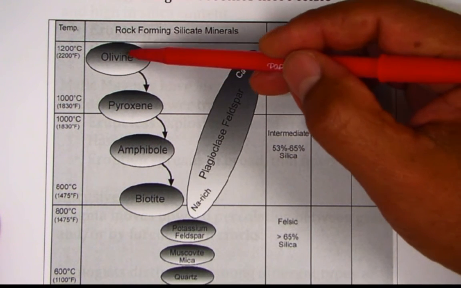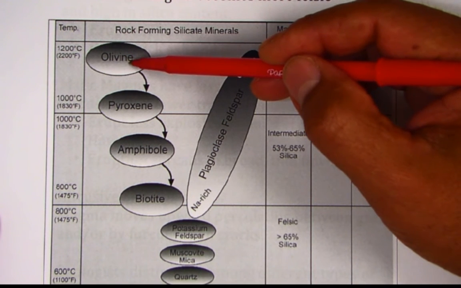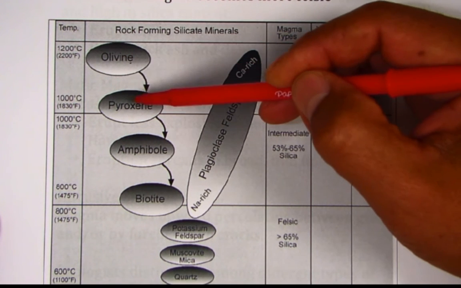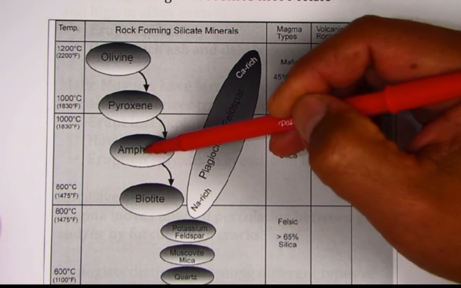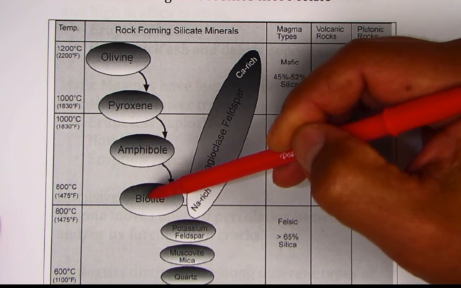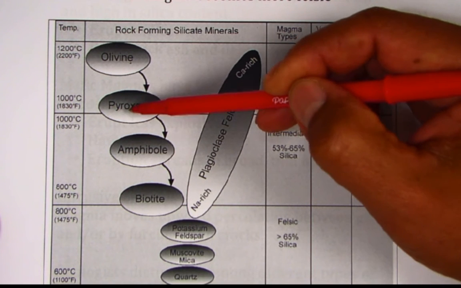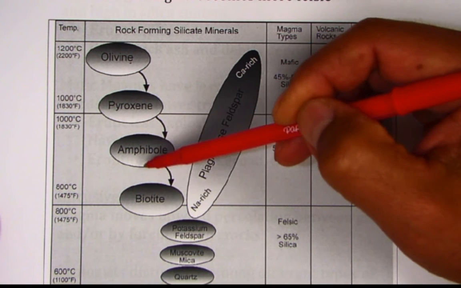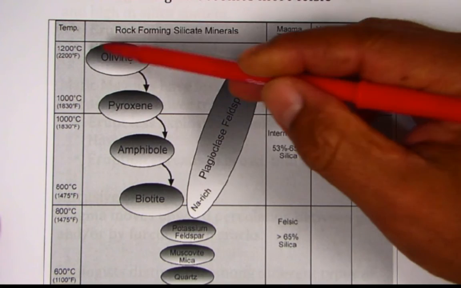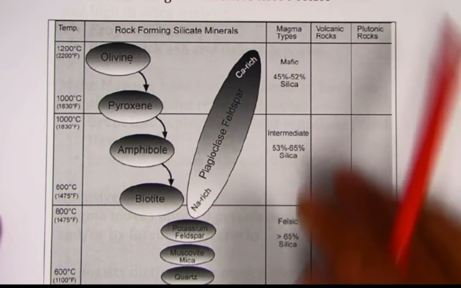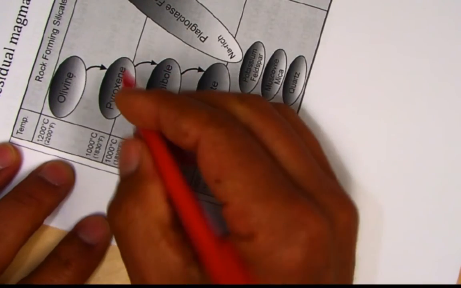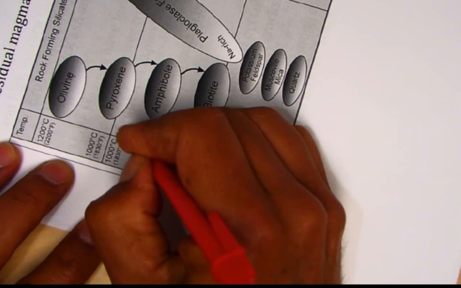Note that in this branch over here, we have from the isolated structure olivine to the single chain pyroxene to the double chain amphibole to the sheet silicate biotite. So here, there's actually a change in the silicate structure as you're going from higher temperatures to lower temperatures. So we call this branch over here the discontinuous branch.